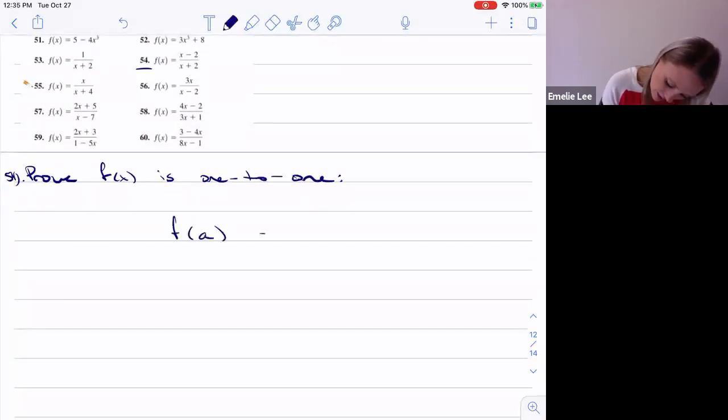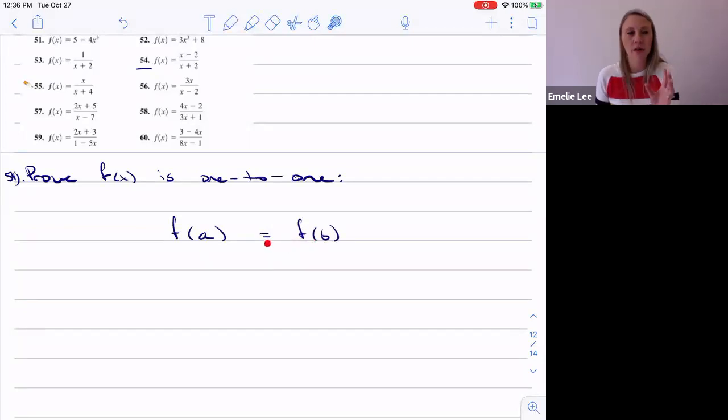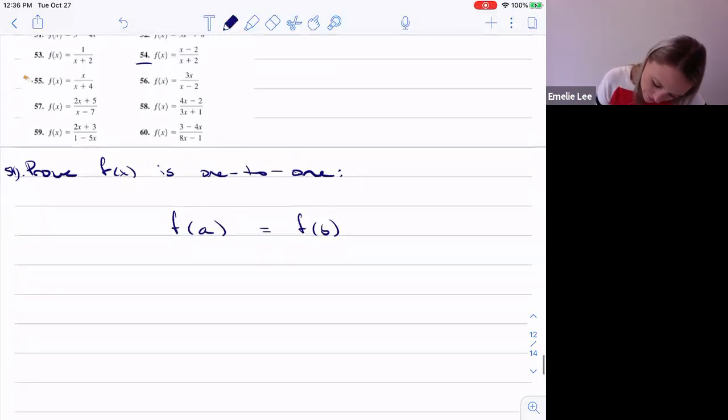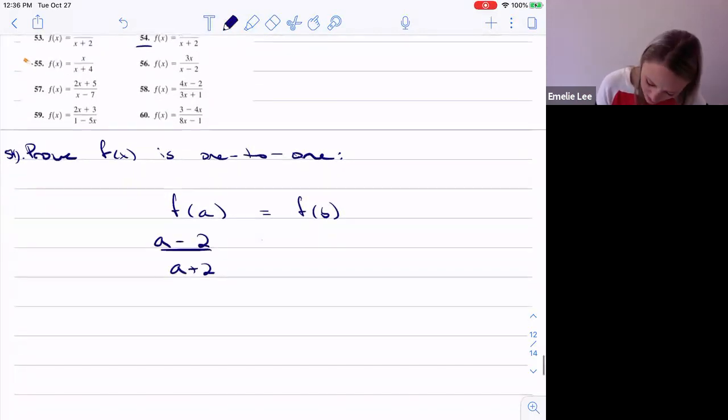So remember, I'm going to have f of a is equal to f of b. And I always like to center them, so have my equal sign in the middle of the page. And then I can kind of work around that. So f of a is a minus 2 over a plus 2 is equal to f of b, which is b minus 2 over b plus 2.